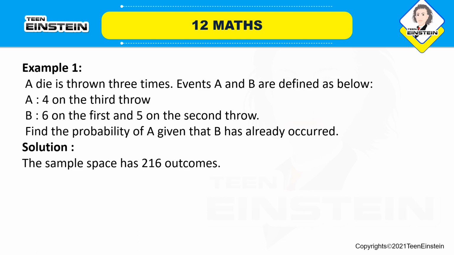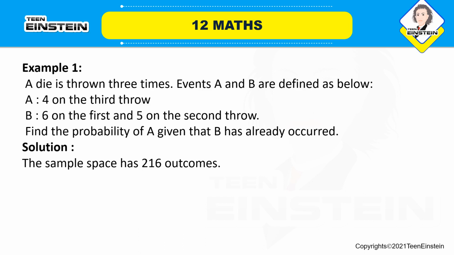So when you are throwing a die, the event A is getting 4 on the third throw. What is the event B? B is the event of getting 6 on the first throw and getting 5 on the second throw. What is the question?